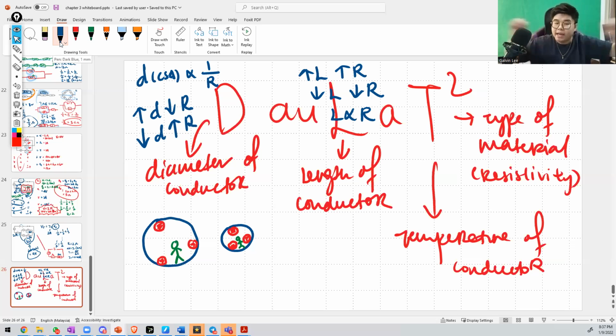That's why a wire with high resistance gets hot very quickly. For example, the tungsten in the Thomas Edison bulb, or the metal coil in your oven. All those are because of high resistance, and that is because they use a high resistivity material.